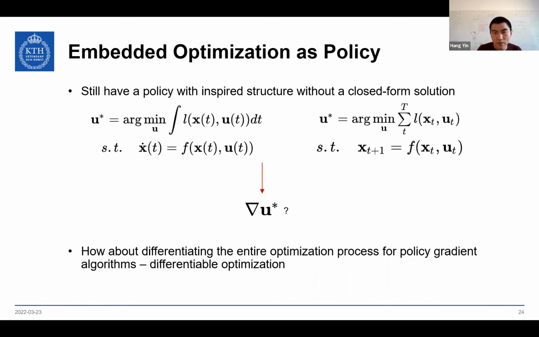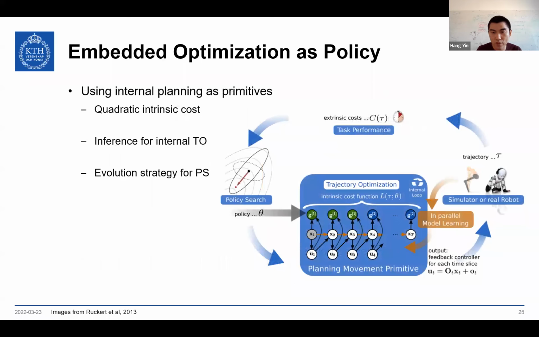Actually, this idea is not very new. It happened even before the appearance of deep reinforcement learning or deep neural networks. This is a bit closer to neuroscience, because they call it motion primitives.